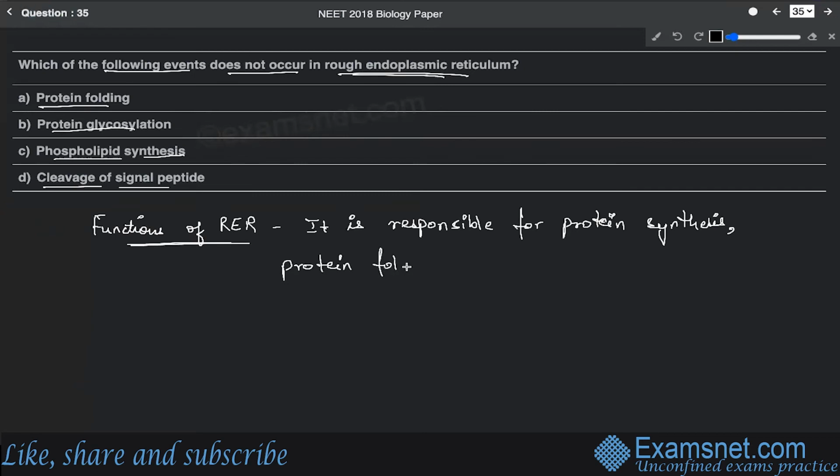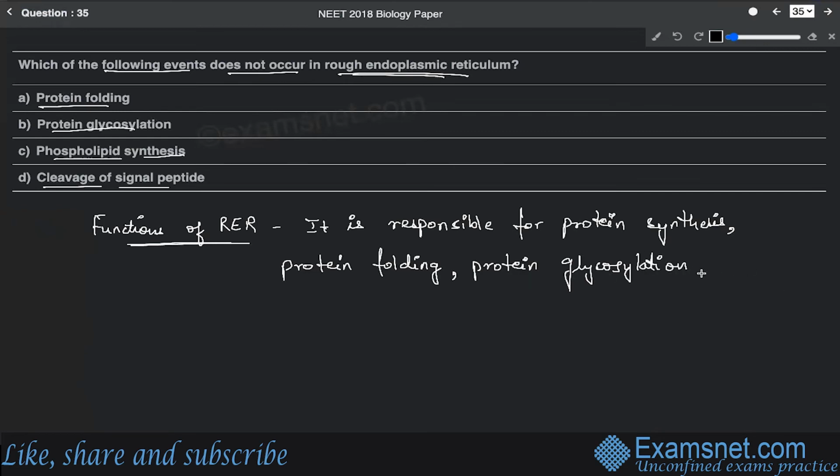Protein folding, because until and unless the folding is carried out, the protein won't be active. So it is very, very important that the protein folding should be carried out. Then it is also involved in protein glycosylation. So that means adding carbohydrate molecules to the protein in order to stabilize the protein molecules. So this is called protein glycosylation. Glycosylation basically means addition of carbohydrate molecules.